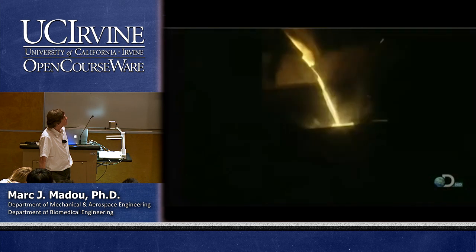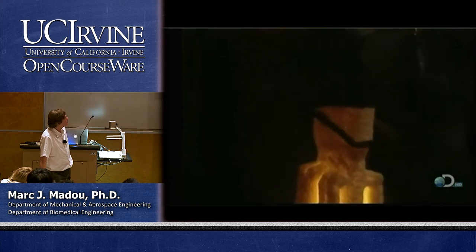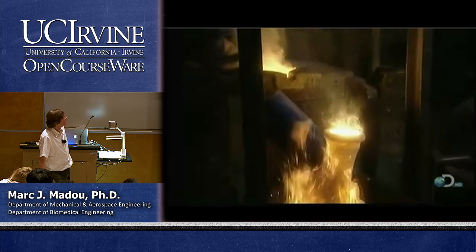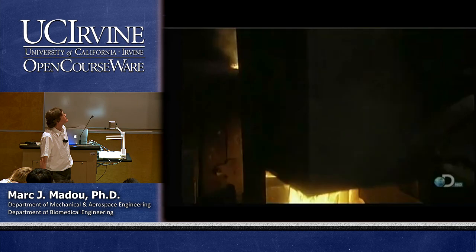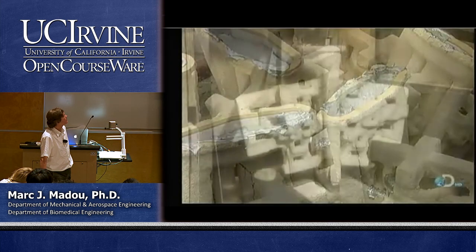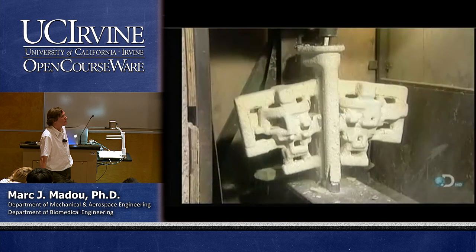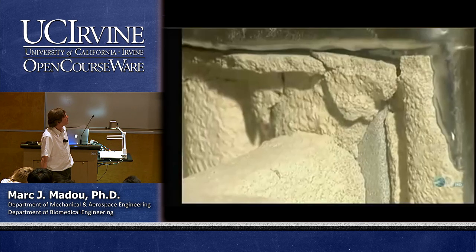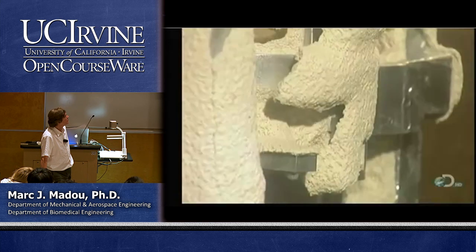They pour the metal into the mold's cavity, then let it cool and harden at room temperature. It takes 2 hours for aluminum, 4 to 5 hours for steel. Once the metal is cooled and solidified, they break off the ceramic mold using a vibrating hammer. This takes about 5 minutes.